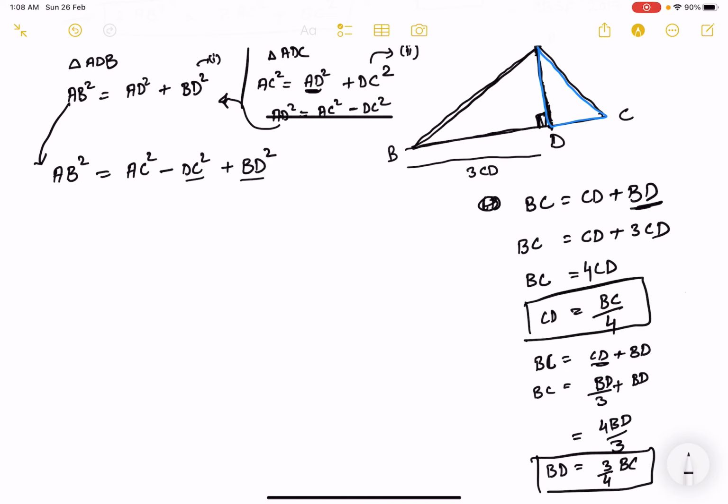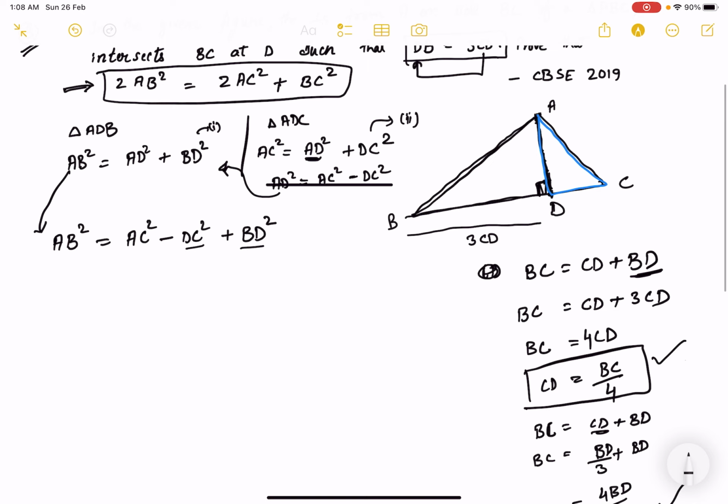So we'll substitute BD and CD in terms of BC. Why in terms of BC? Because BC was involved in our final equation. So let's substitute these values of CD and BD.